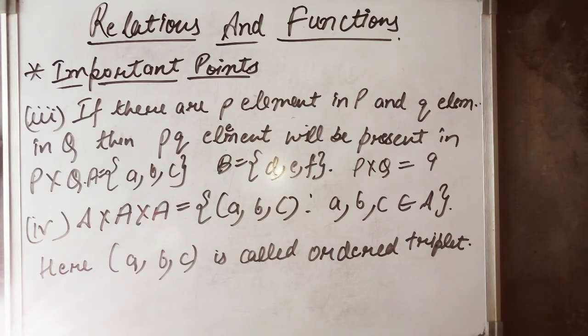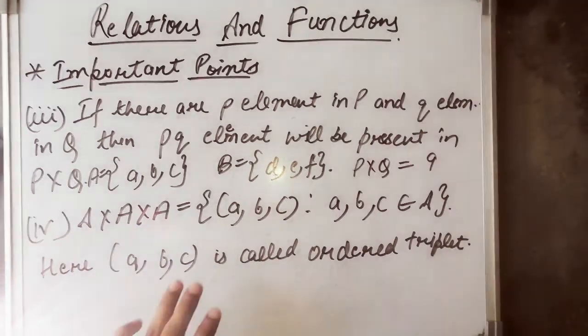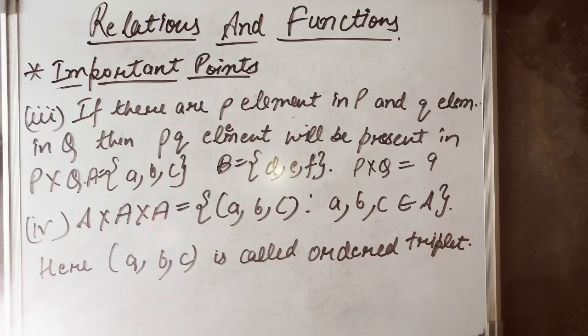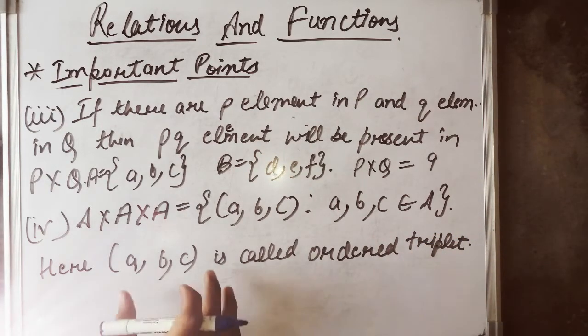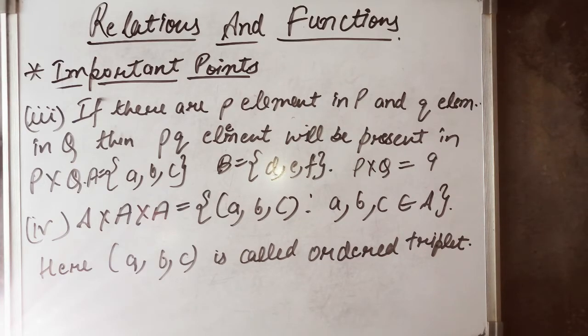We have found the Cartesian product of A three times. a, b, c are three elements present in A, and these are called an ordered triplet. Students, if you have any doubt in these four points, write to me in the comment section. I'll reach you there. But now let's have a look at examples first. Before that, pause the video to note it down.